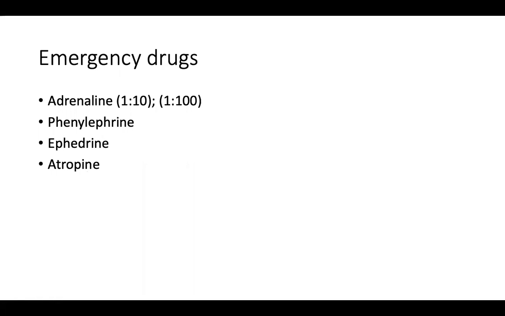If they are bradycardic due to increased vagal tone, then there is a role for atropine. Otherwise, atropine is quite a waste. I don't think I've used atropine in the last 6 months. I still have to be corrected. But adrenaline, I have used. Ephedrine and phenyl, I have used. So emergency drugs, absolutely important. They will ask you in the exams.